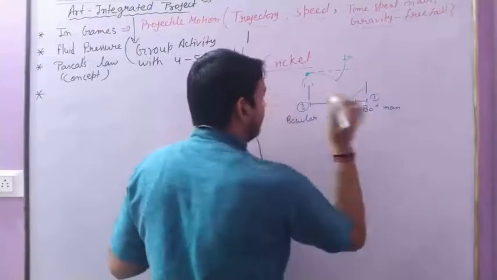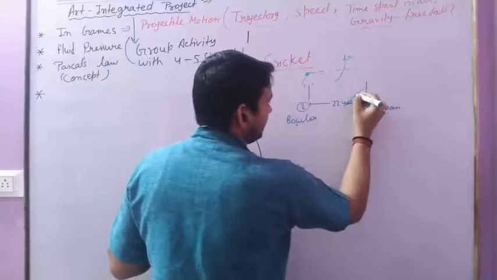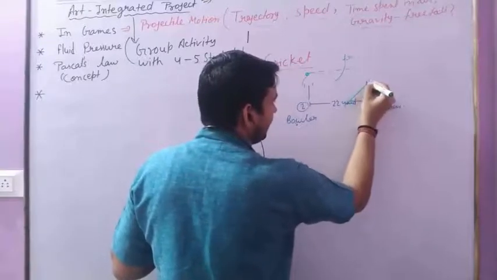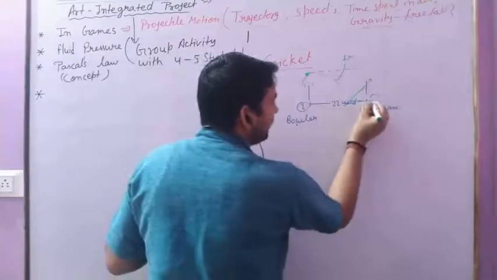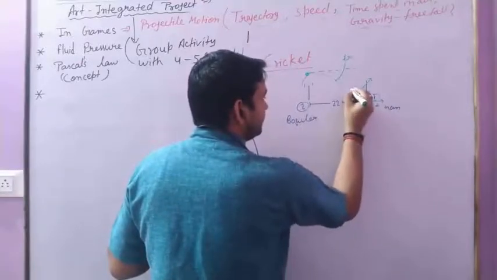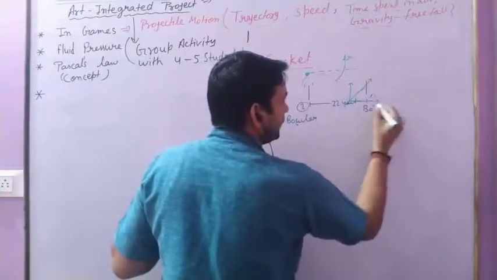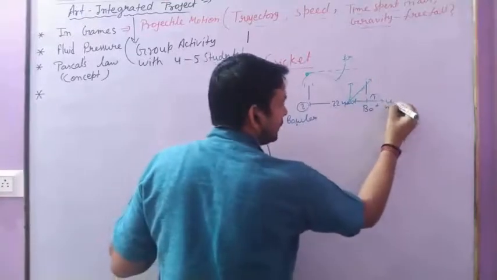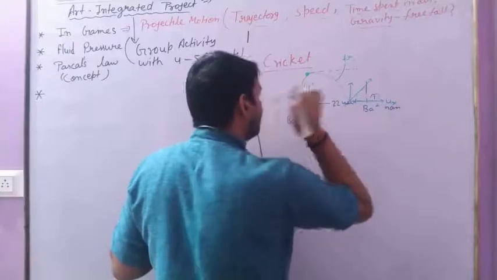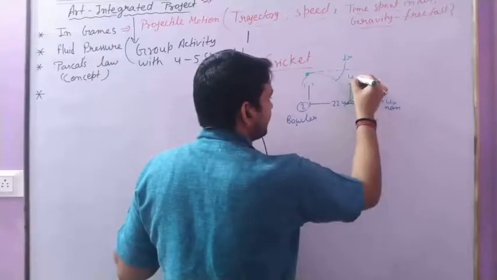Similarly, after hitting the ground, the ball moves from the ground towards the batsman. So you can use the concept of final velocity, and explain or split the final velocity into horizontal and vertical components.